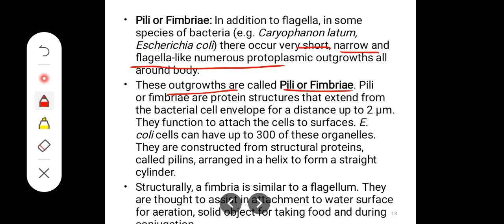The pili are protein structures about 2 micrometers long, and the cell has about 300 of these organelles, made of protein called pilin. Here is the definition of pilin. They are straight, slender fibrils structurally similar to flagella, and they serve for attachment to surfaces and during germination.